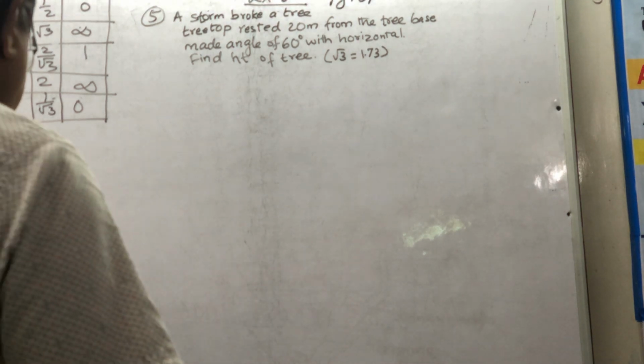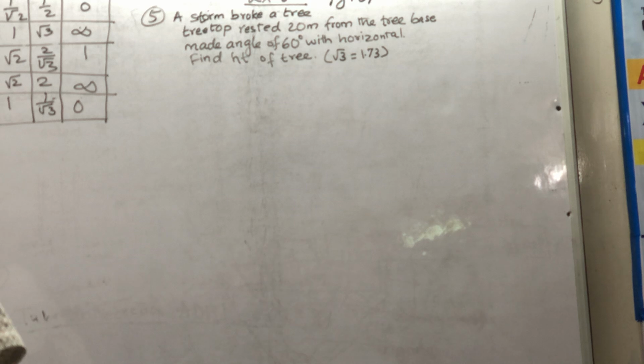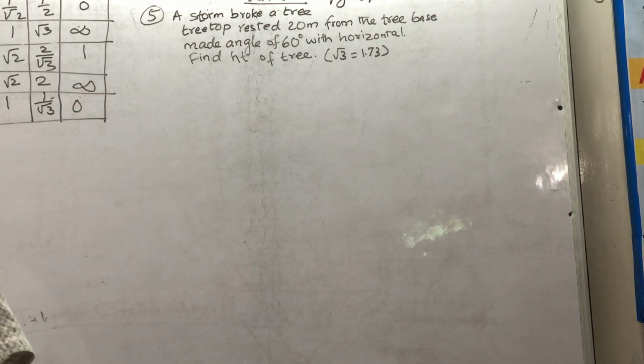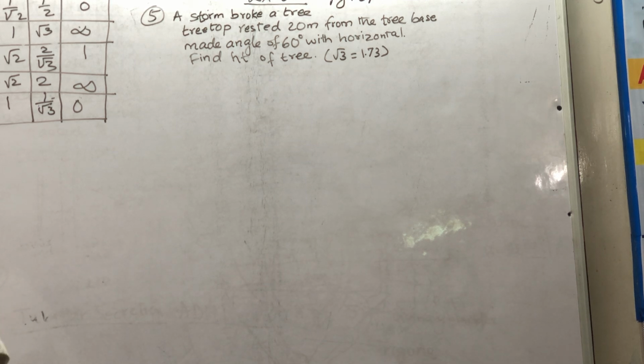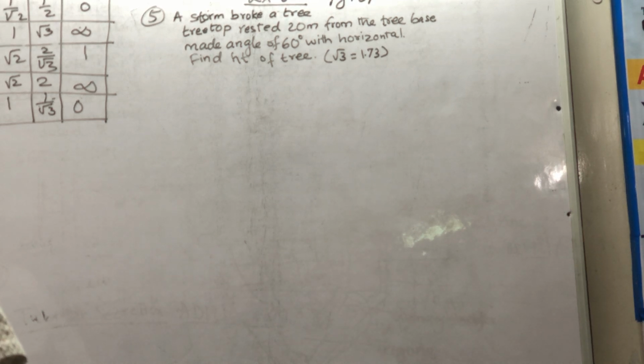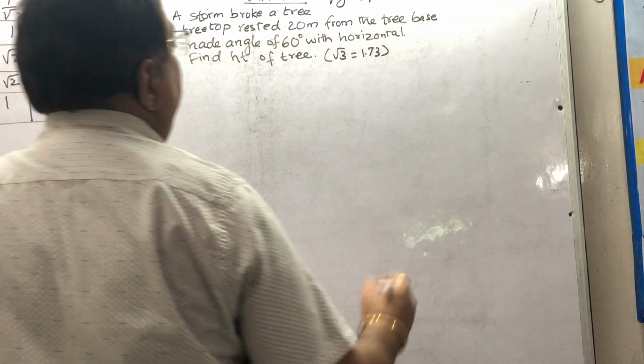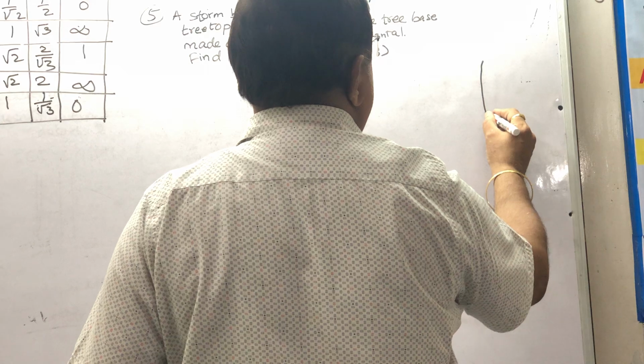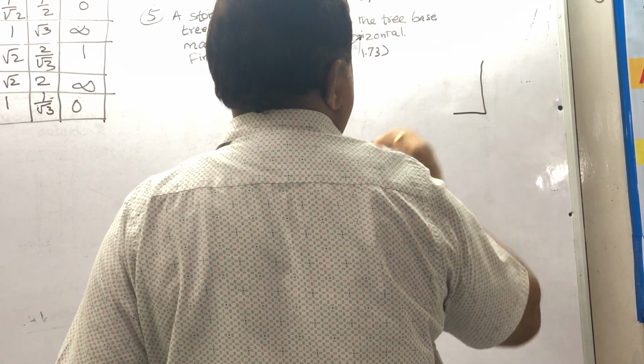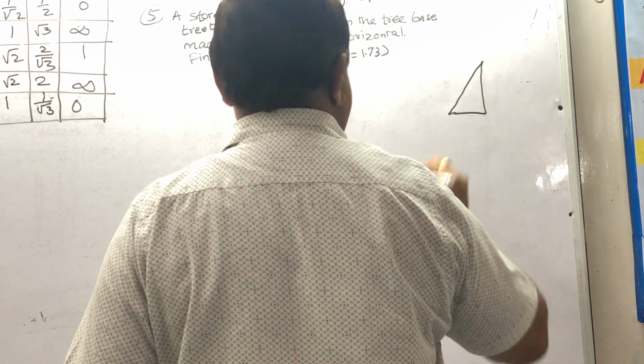Okay? Now look. A storm broke a tree, and the tree top rested 20 meters from this and made a 60-degree angle with the horizontal. Find the height of the tree. So in my diagram, I have the broken tree left on the ground, and the fallen tree, which fell here.